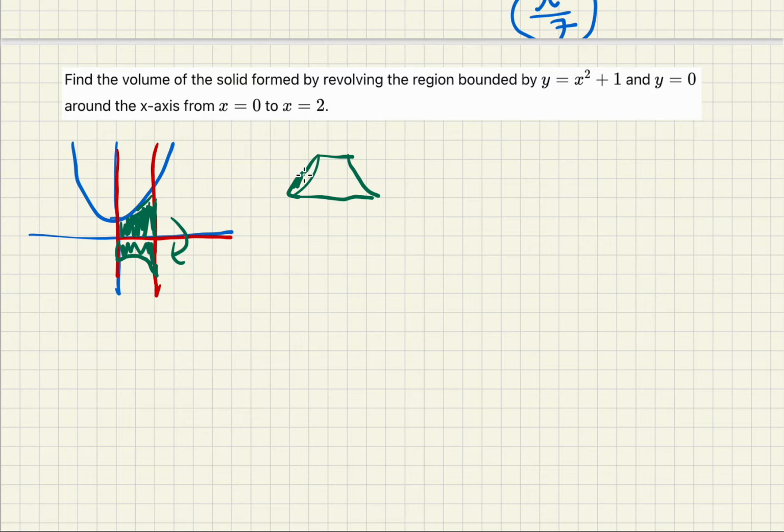And so all we need to do is find the volume of this 3D object. Using our previous knowledge, a cylinder is pi r squared h for the volume of a cylinder, and then we can replace r with our radius, which in this case is the distance from the curve to the x-axis, because this is like a cylinder.